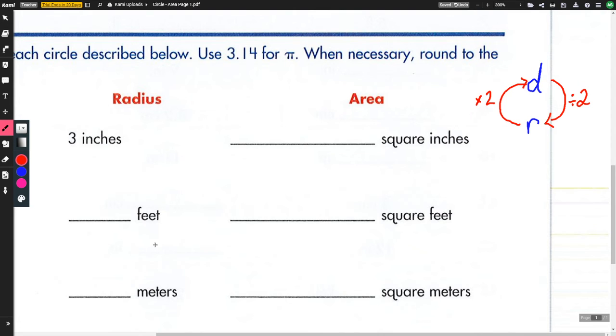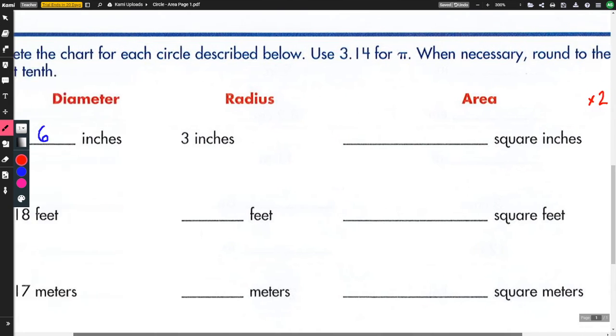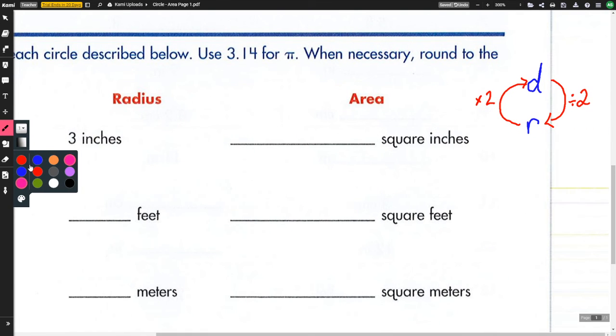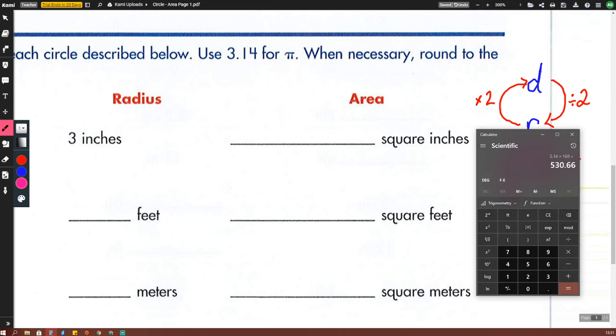Now I need to find my area. For this, I need my radius because area equals pi r squared. So I'm going to use 3.14 times 3 squared. I'm going to use my scientific calculator.